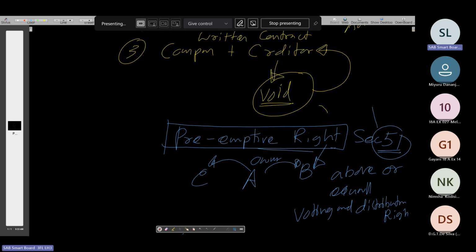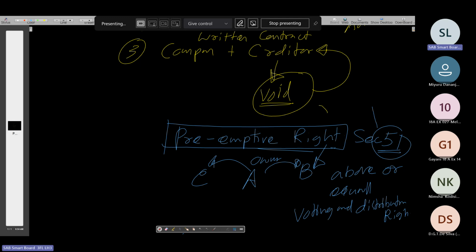The preference shareholders have the preference over the equity shareholders for receiving dividends and being paid off capital in the event of liquidation. So we have already discussed that. Types of preference share capital: cumulative, non-cumulative. The other types we have discussed: redeemable and irredeemable shares, convertible and non-convertible.